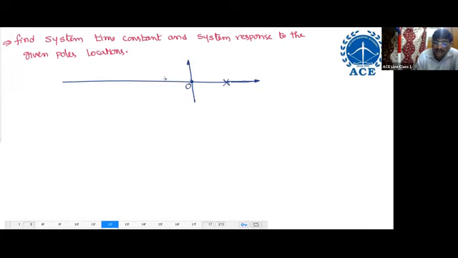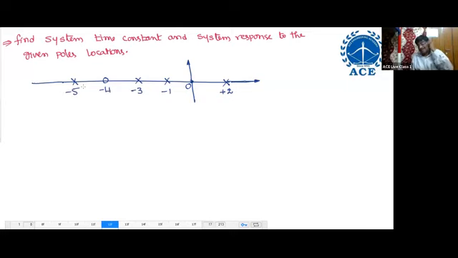For example, these are +2, -1, -3, -4, -1.